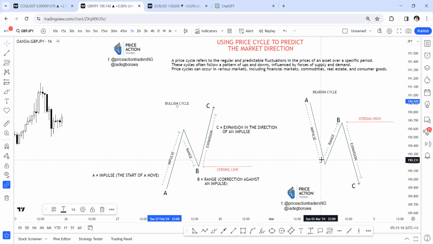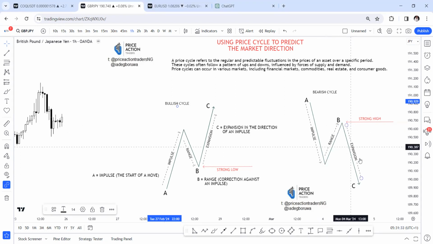The impulse is formed by leg A, then the range, which is a correction or pullback against the impulsive move in leg A. Then the range forms the leg B, and then we have the expansion in the direction of the impulsive move. So you see the relationship between the three legs.